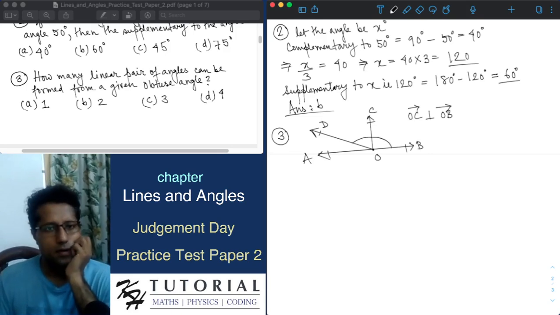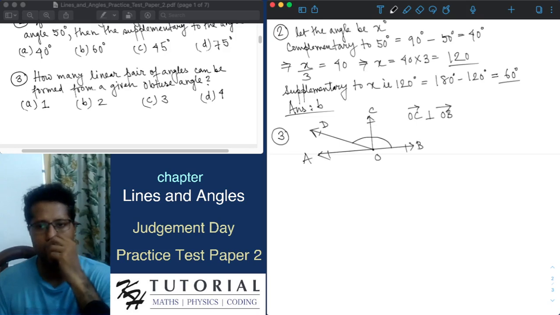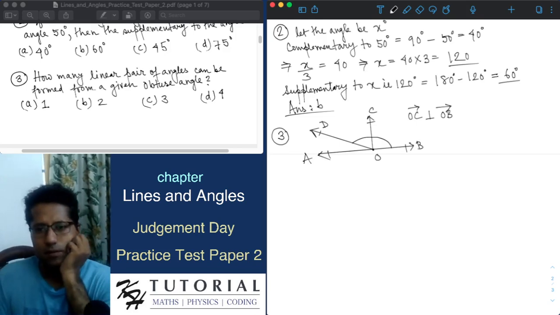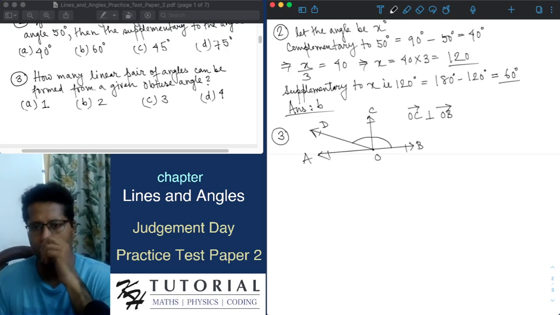So how many linear pairs of angles can be formed from a given obtuse angle? From a given obtuse angle, linear pair. So BOD is an obtuse angle.